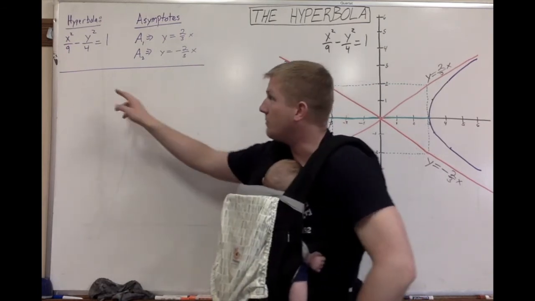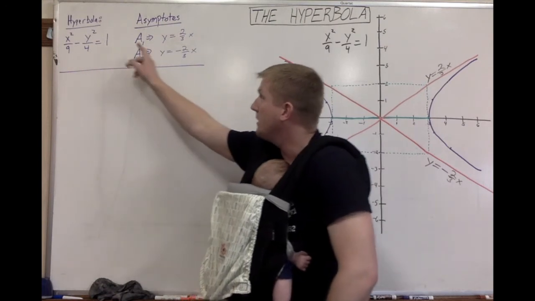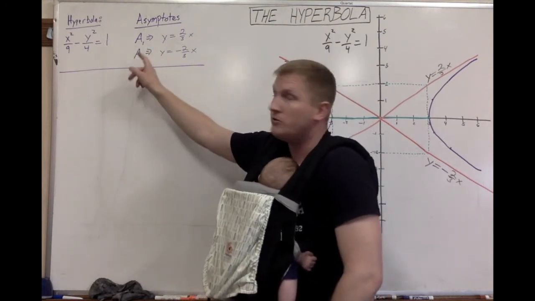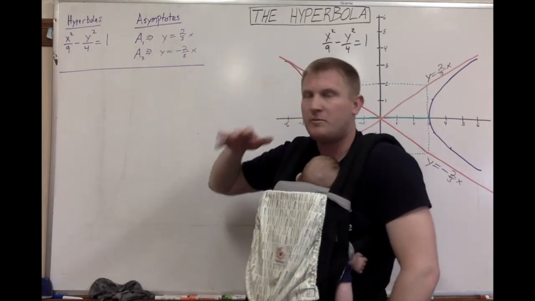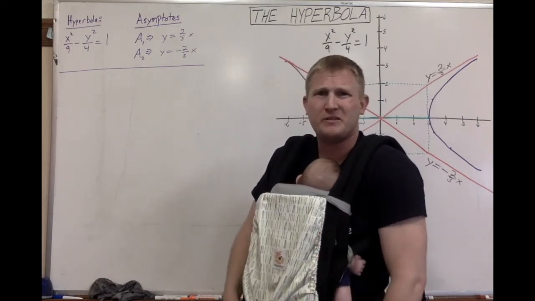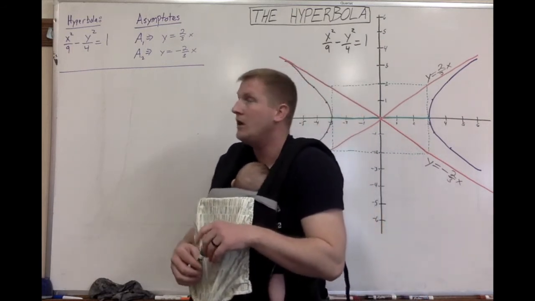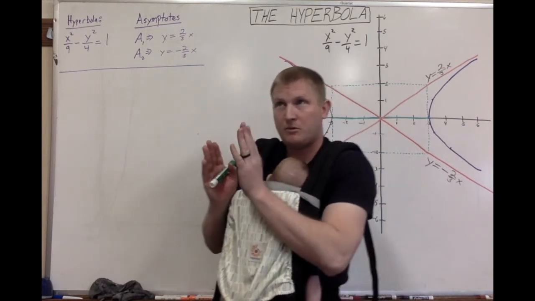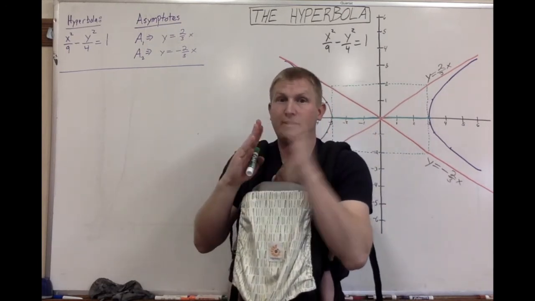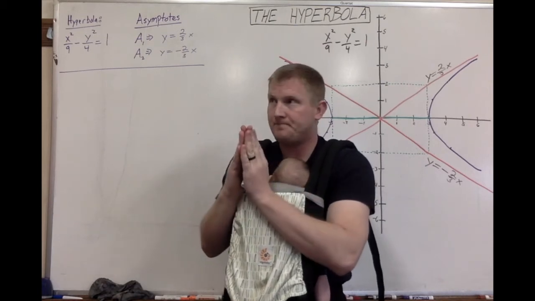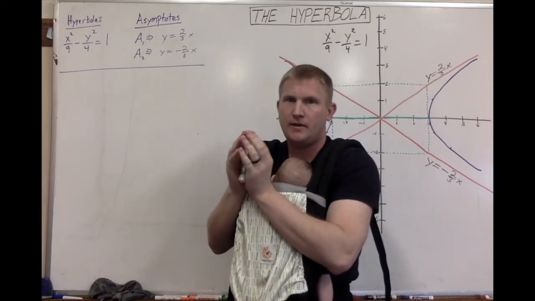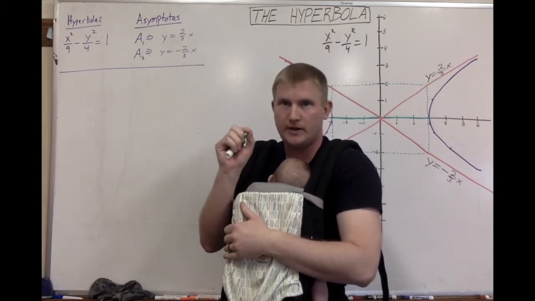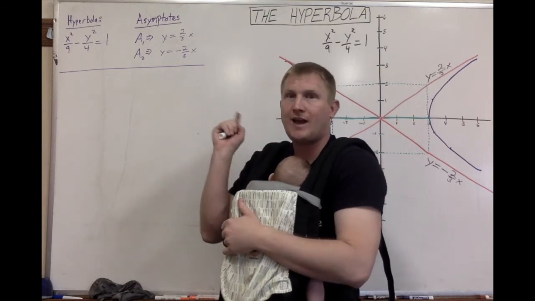I have them written up here, just the equation for the hyperbola, and then asymptote 1, asymptote 2. I'm going to use asymptote 1 for now because it's positive, and I'd rather use positive numbers rather than negative numbers. All right, so think about what that means. If the hyperbola and the asymptote at some point at infinity were to meet, that would mean there would be some coordinate, some x and y, that they have in common.